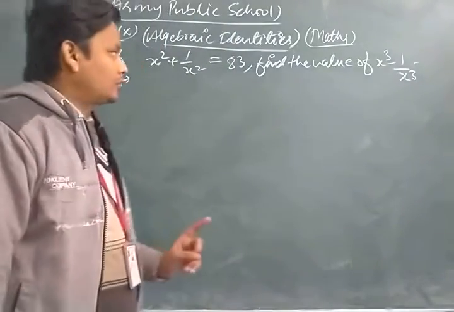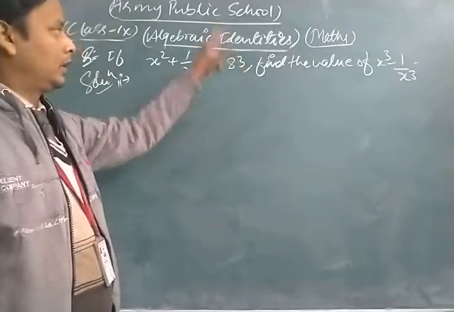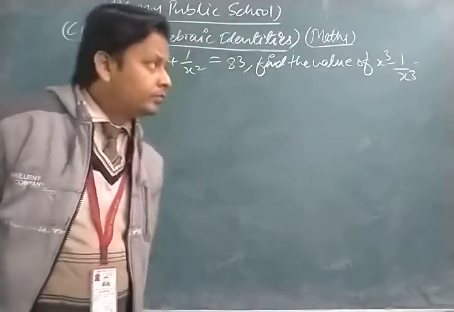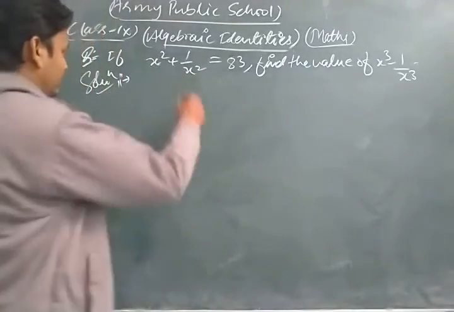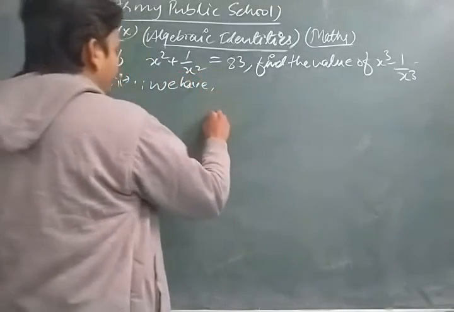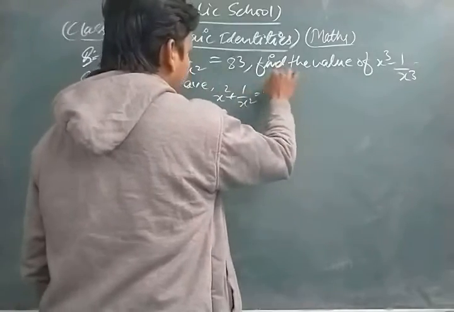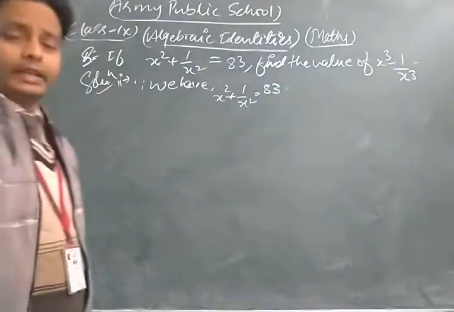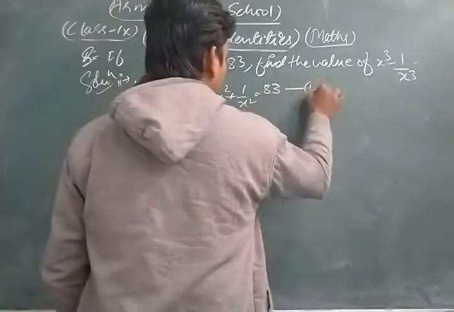Look, here x square plus 1 upon x square is equal to 83. Now find the value of x cube minus 1 upon x cube. We take this as equation number 1.